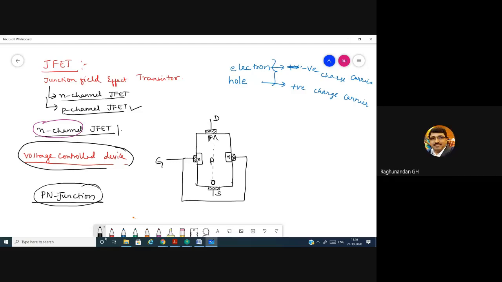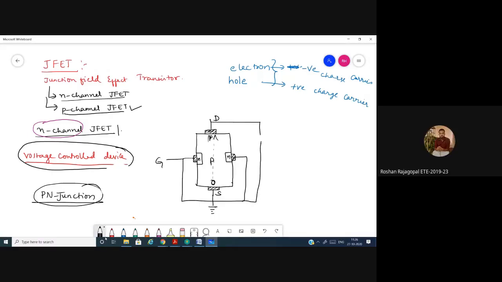Okay. What are the majority charge carriers in this P channel? Holes, sir. Now, I want to attract all the holes towards this drain. So what kind of voltage do I need to apply? The polarity of VGS and VDS are reversed. Should I apply positive or negative to attract holes?